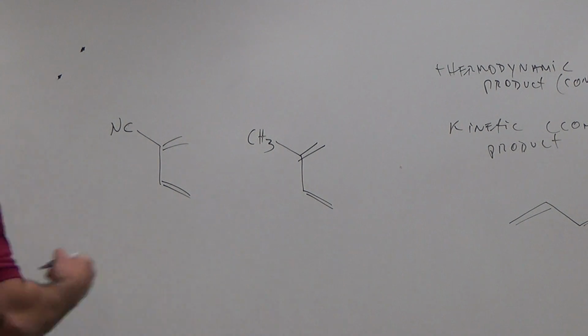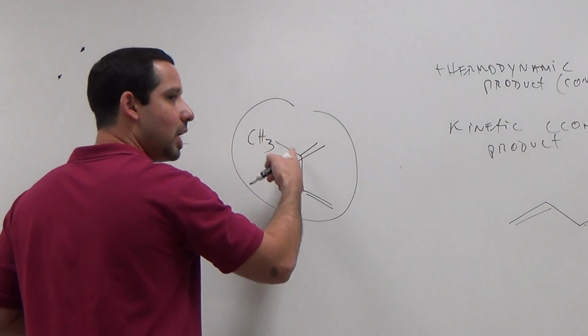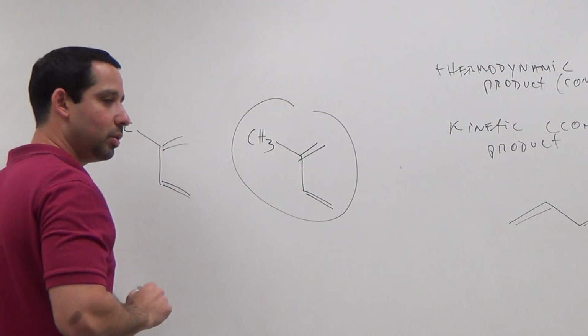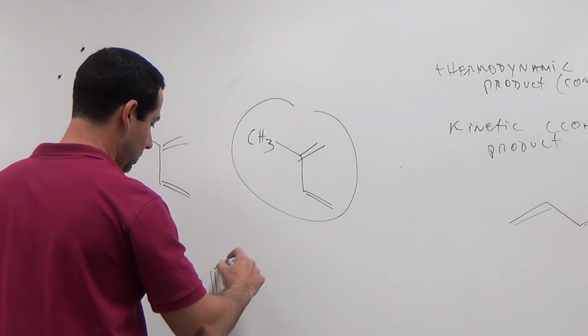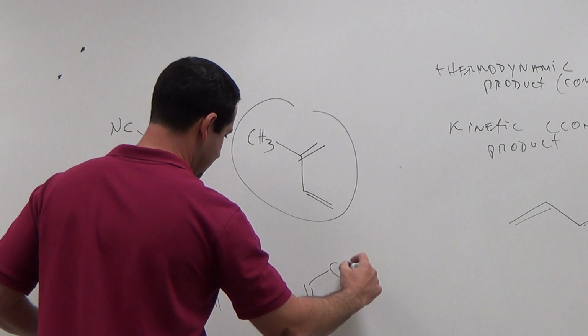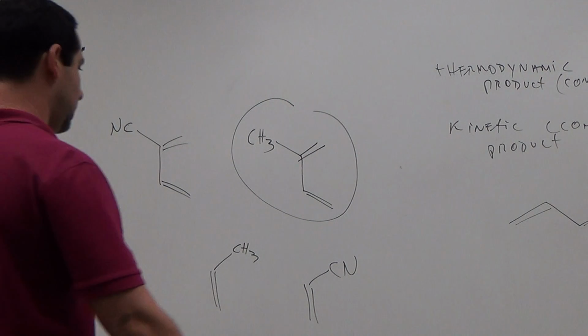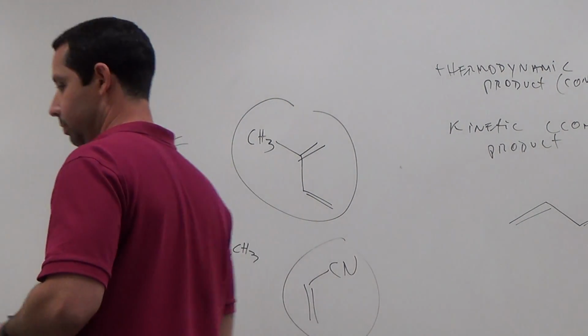Look at it. CH3. This one is a better diene because it has an electron donating group attached to it. Okay? Which one is a better dienophile? CN. The one with the CN. Okay?